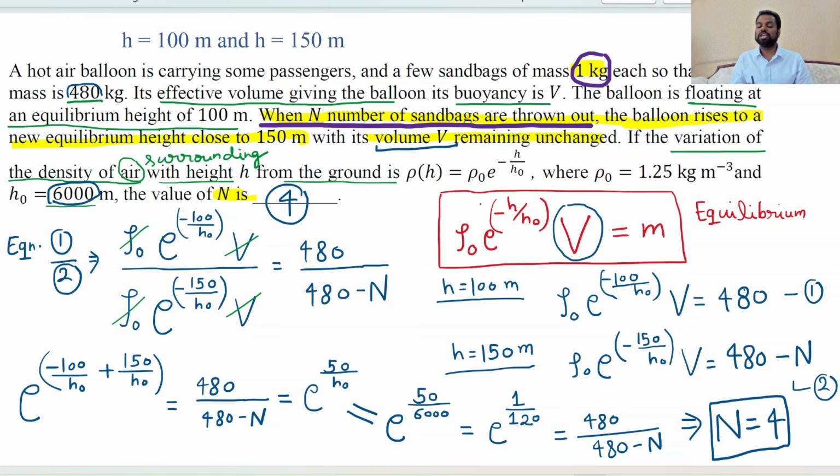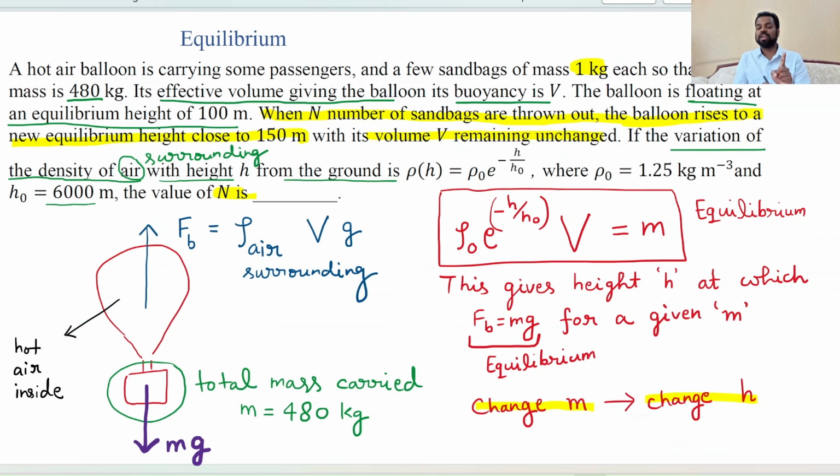In reality, as it goes up, the density of the air surrounding the balloon is decreasing, and atmospheric pressure is also decreasing, so the hot air might expand and the volume might change. But here the problem says the volume remains unchanged. So we have completed the problem.